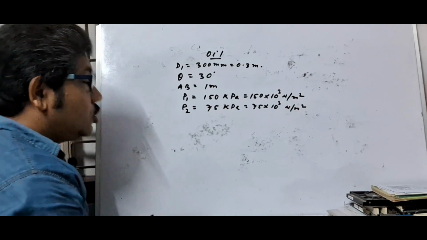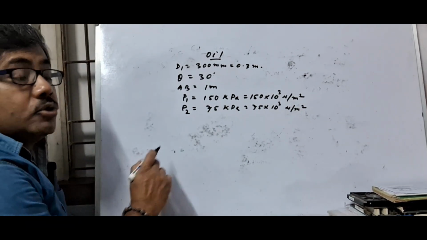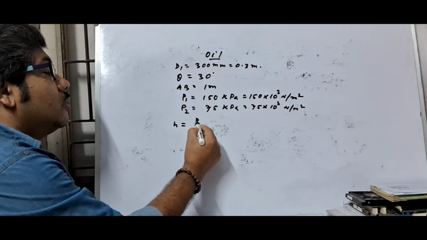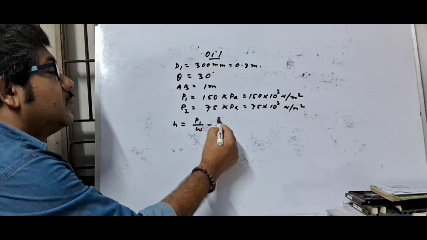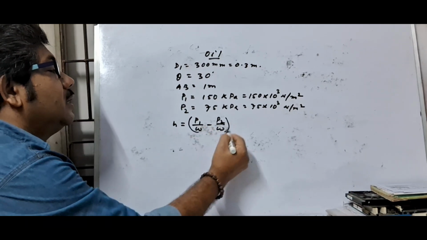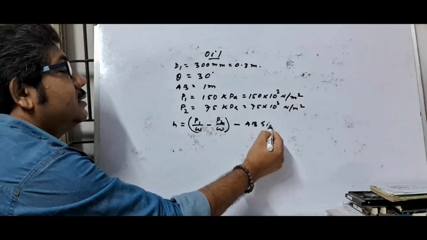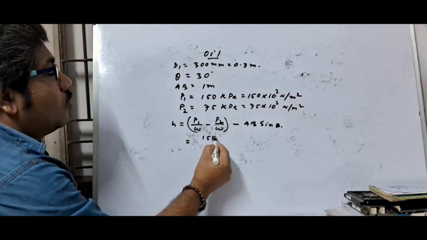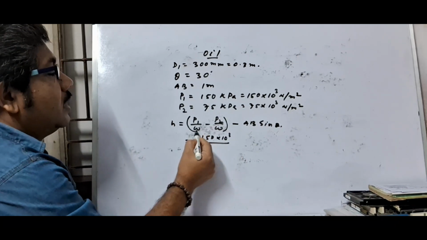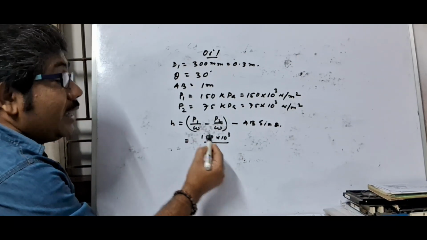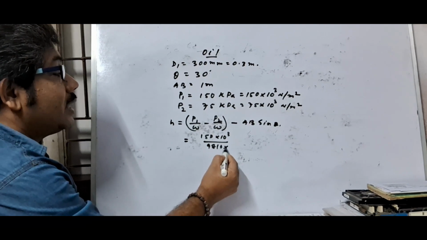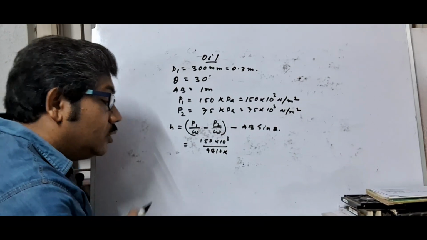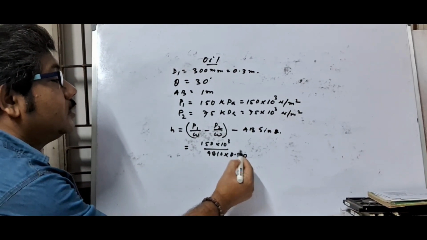So first of all we have to calculate Venturi head, and for an inclined Venturimeter we know that H equal to P1 by omega minus P2 by omega and minus AB sine theta. So here P1 is 150 into 10 to the power 3, and omega is the specific weight of oil, 9810 into S, the specific gravity of oil, which is 0.80.